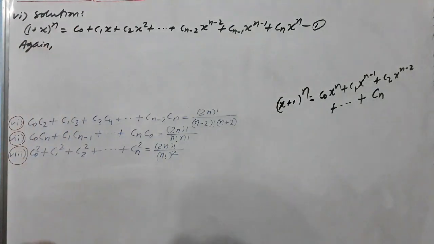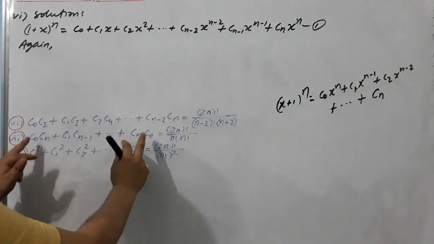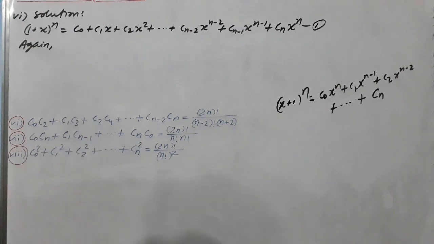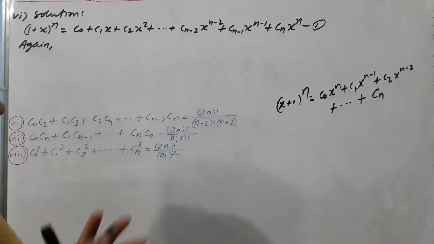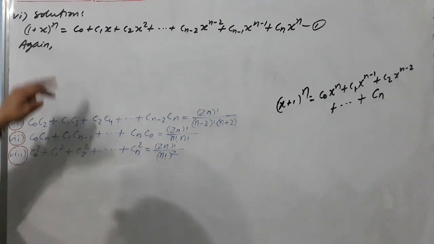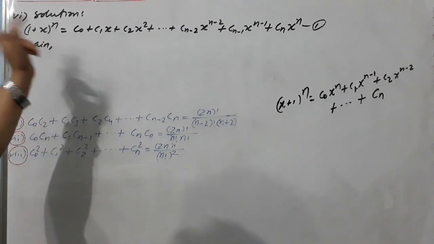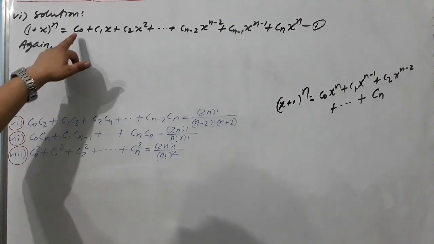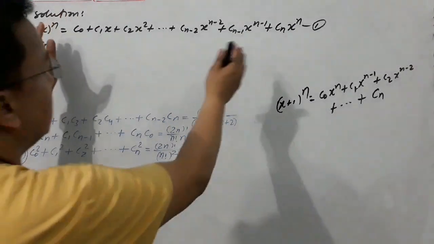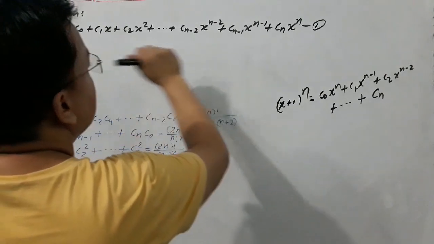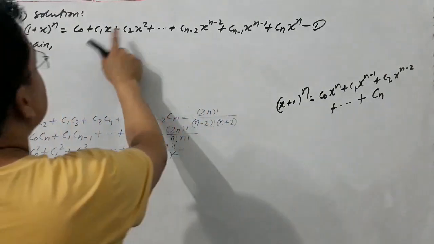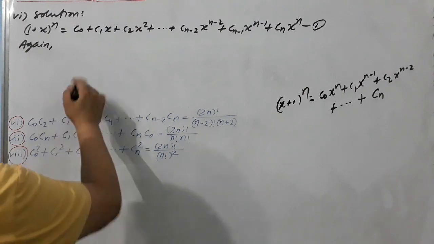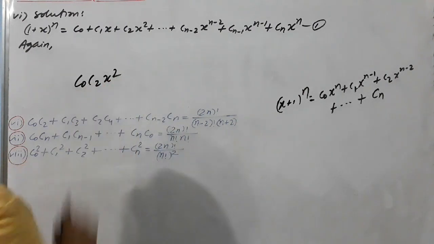And one more thing, these are the coefficients of one term, whether you are getting the coefficient of any term or not, one term. Now let's see. If you multiply by itself, here you are trying to get c0 c2. If you multiply by itself you will get c0 c2 x square.